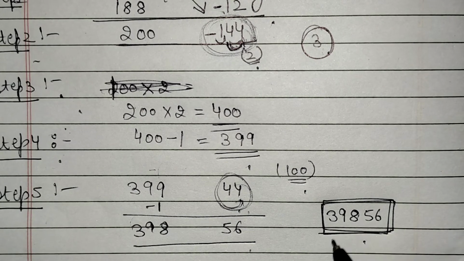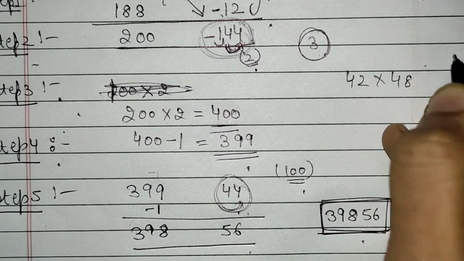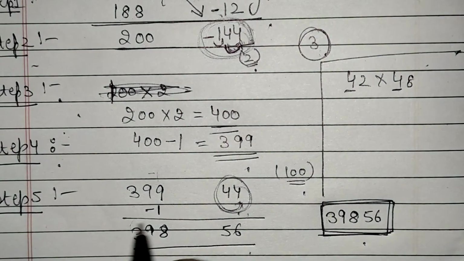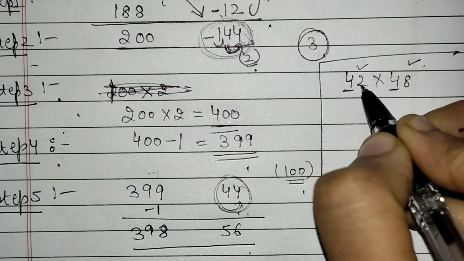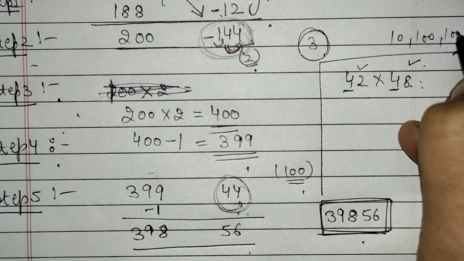In the next video, we will solve such kinds of questions in which the first digit is the same and the last digits give me the sum of either 10 or 100 or 1000.